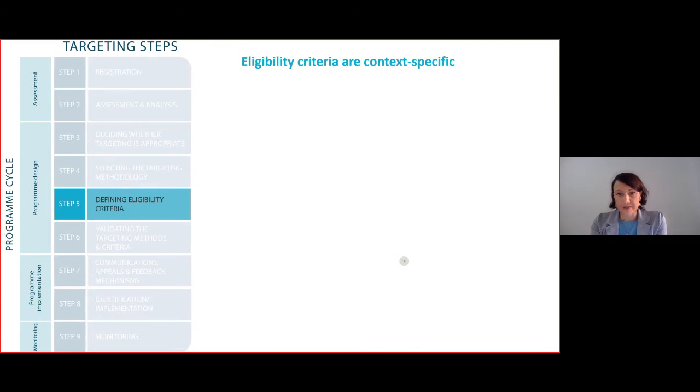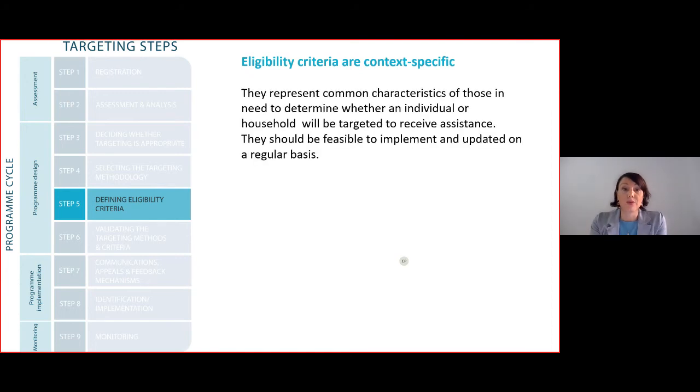On step 5, we have the definition of the eligibility criteria. As said before, the eligibility criteria have to be context specific, and they represent the common characteristics of those in need to determine whether an individual or a household will be targeted to receive assistance. They should be feasible to implement and updated on a regular basis.